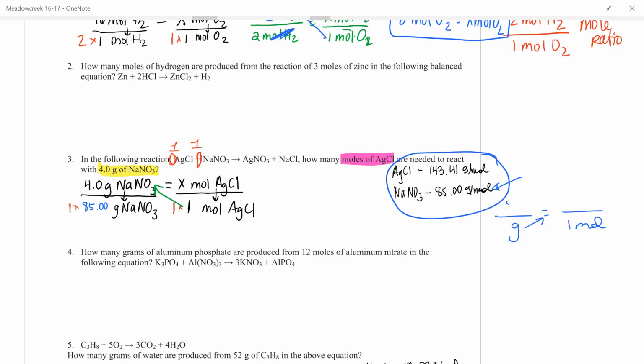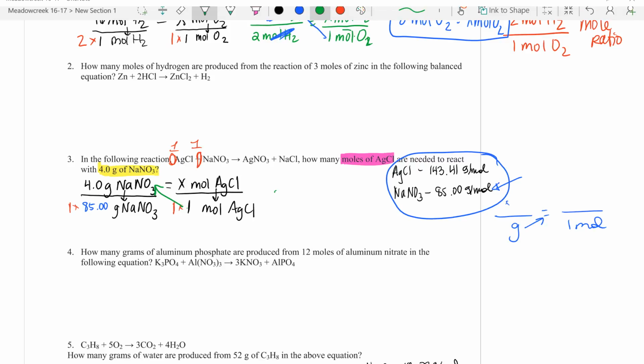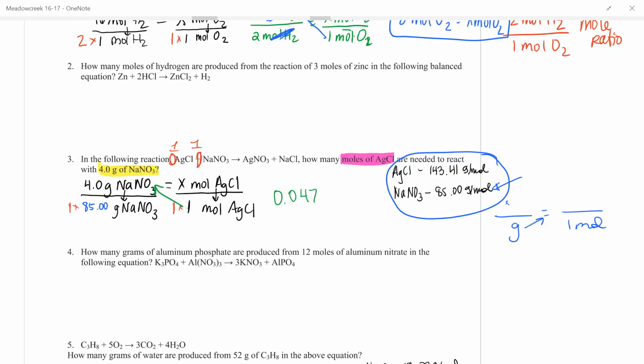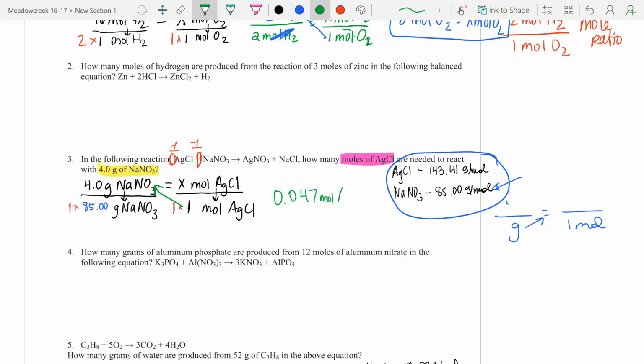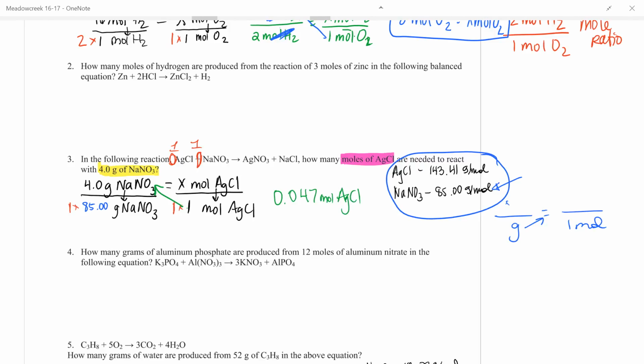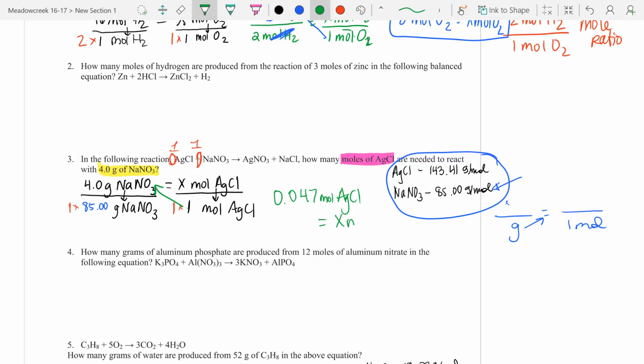So when I do this in my calculator, 4.0 divided by 85, we will get 0.047 moles of silver chloride is equal to X moles of silver chloride, which is exactly what I wanted.